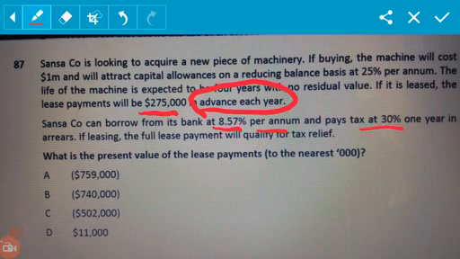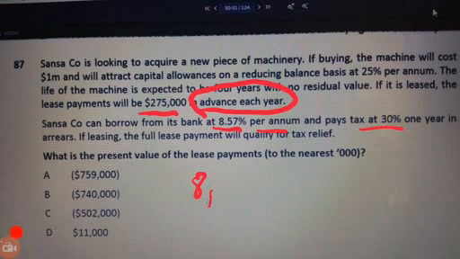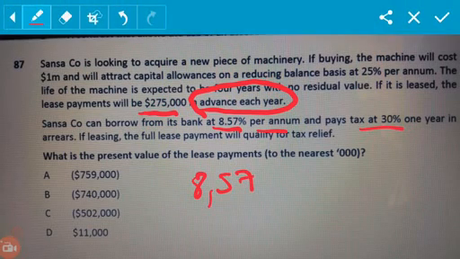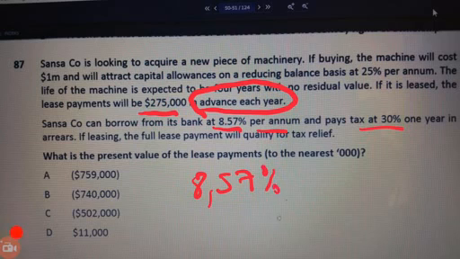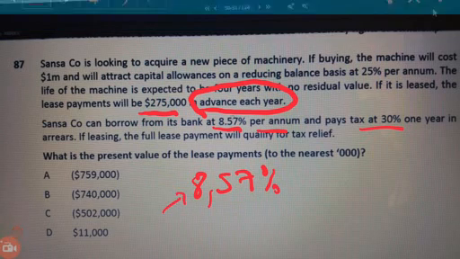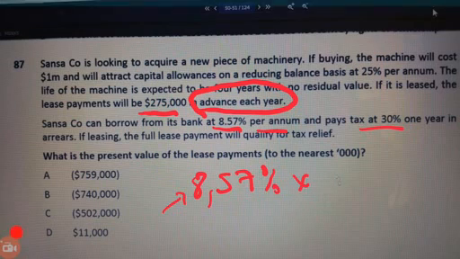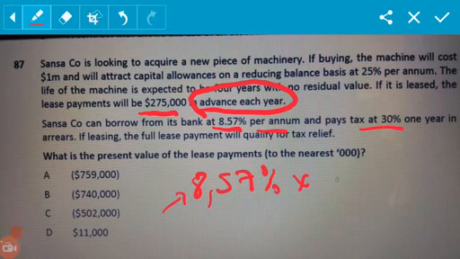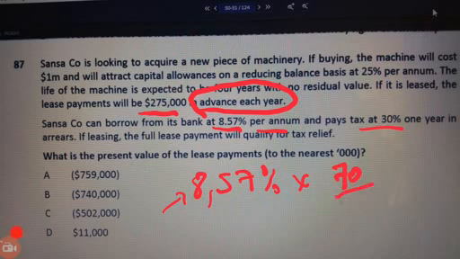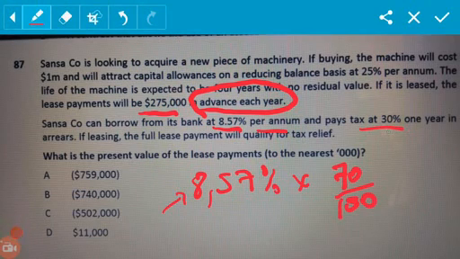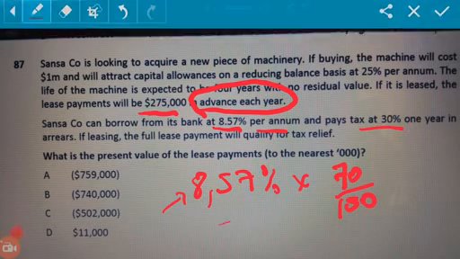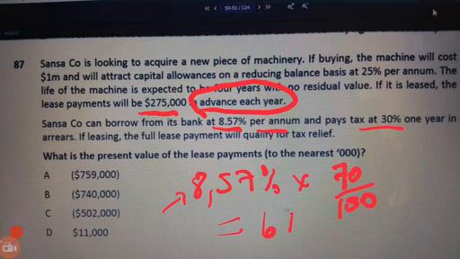The first thing we need to do is, when you're working with leases, we must work out the post-tax value of the interest. The post-tax value will be 8.57% multiplied by 70 divided by 100, as if you had multiplied by 30% and then seen what the net value would be after deducting tax. That equals approximately 6%.